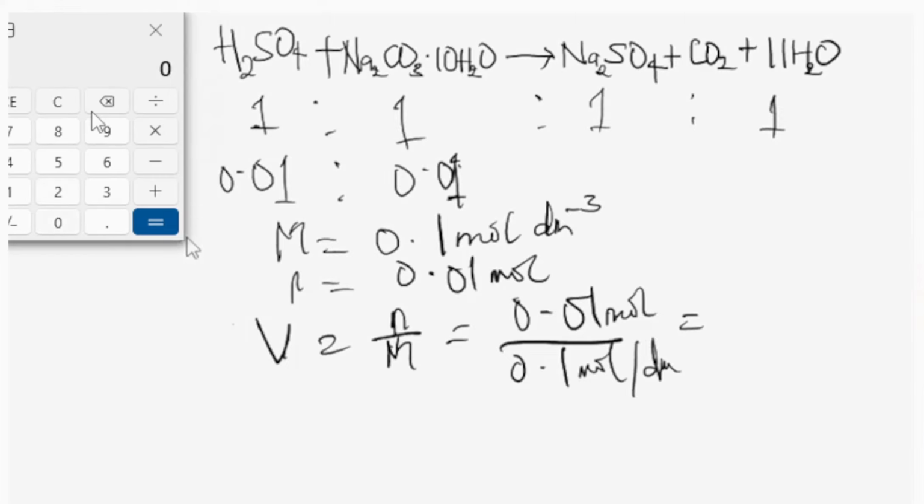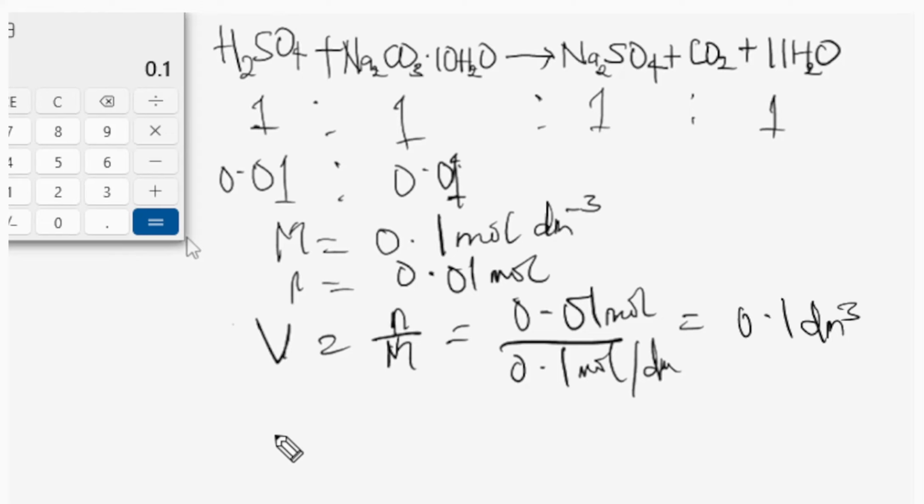So this would be 0.01 divided by 0.1, and that's 0.1 dm cube.